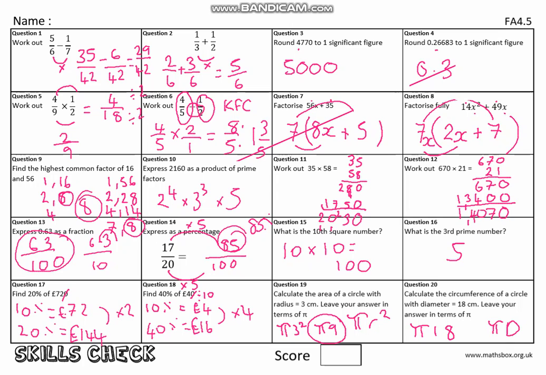But we must remember to pop our units in there, okay? So this one would be pi 9 centimetres squared because it's the area, and this would be pi 18 centimetres, okay, because it's the circumference. Then you know you've got the final two answers completely correct.